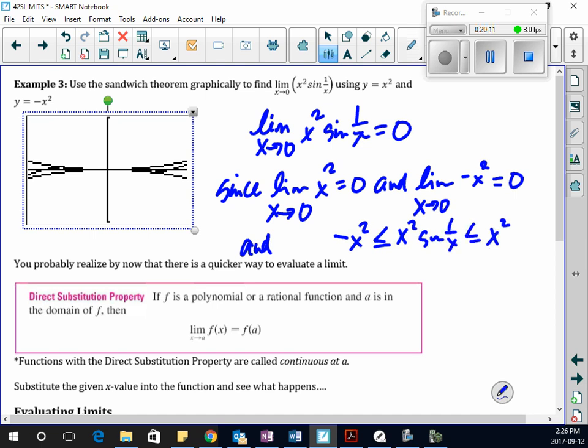So honestly, this would be a graphing calculator thing, and you would just try to squeeze it and then find the limit, as long as you say you're using the squeeze theorem.